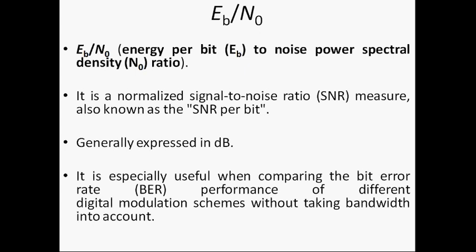We can call it as signal to noise ratio per bit. It is especially useful when comparing the bit error rate performance of different digital communication schemes without taking bandwidth into account. It will help us to characterize any digital modulation technique or digital wireless communication system.